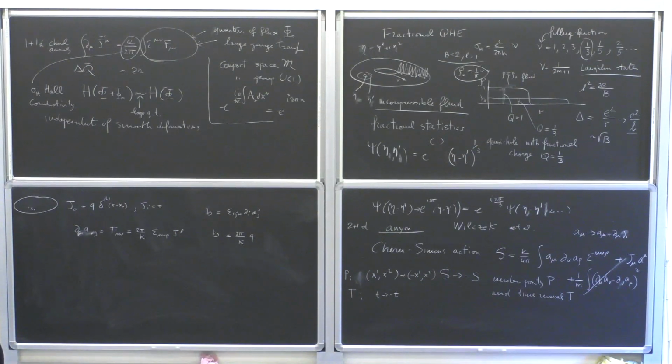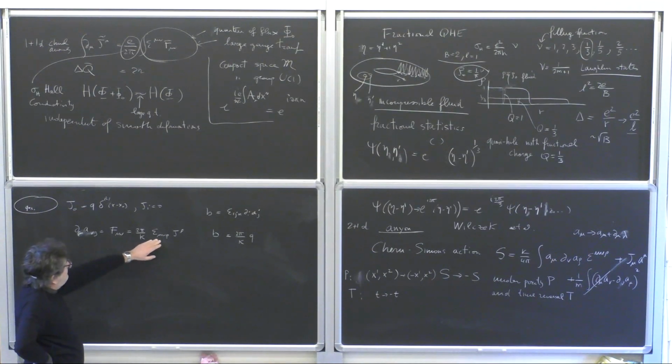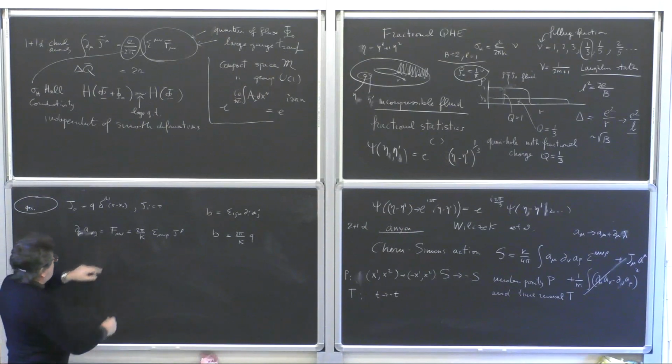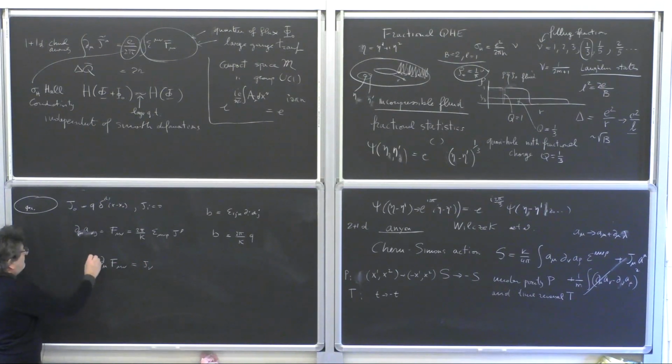So if you couple a static charge q to a Chern-Simons field, you get that the field is determined directly from the value of the charge. In the Maxwell theory, you will get a different equation: d_mu f^mu nu equal to j^nu. There is an extra derivative here.